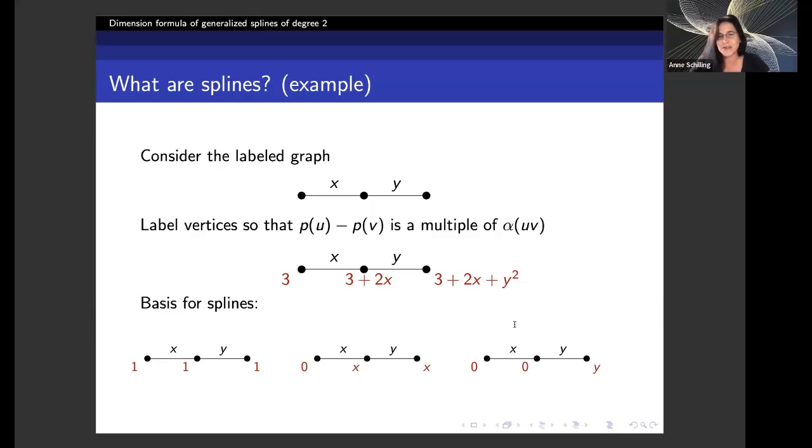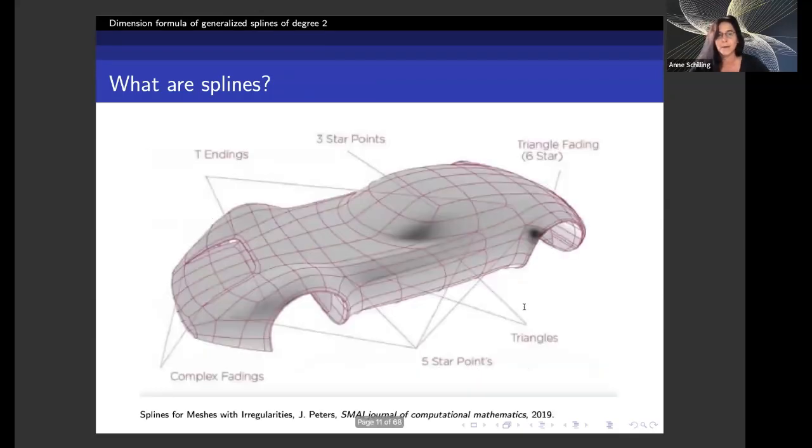Okay, so for trees, it's relatively easy to write down a basis. And then, of course, you would also know what the dimension is, because once you have a basis, you know the dimension.